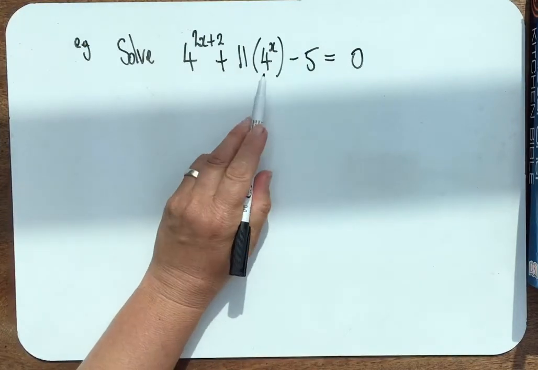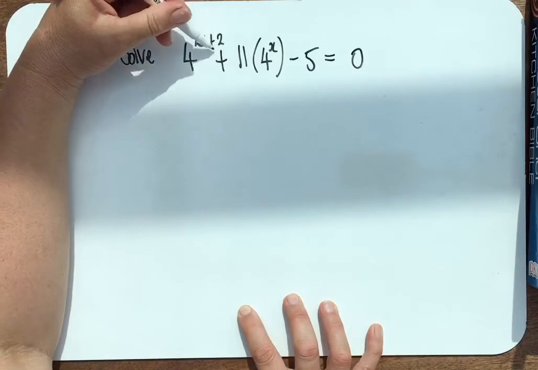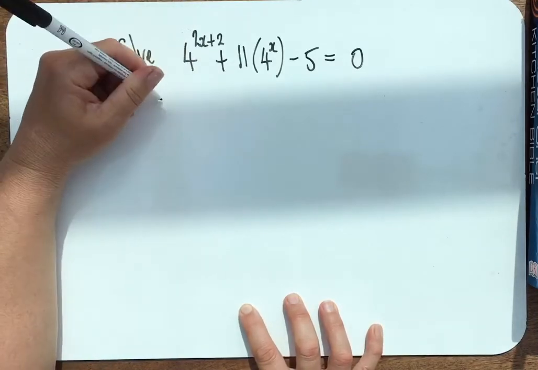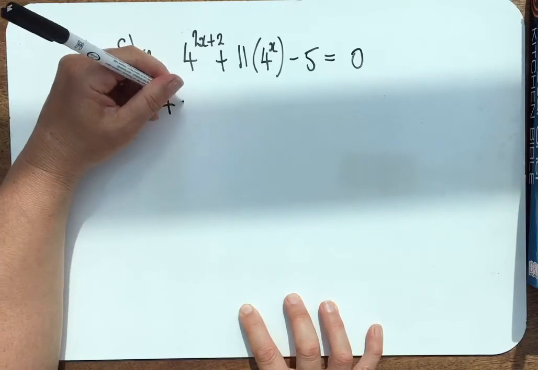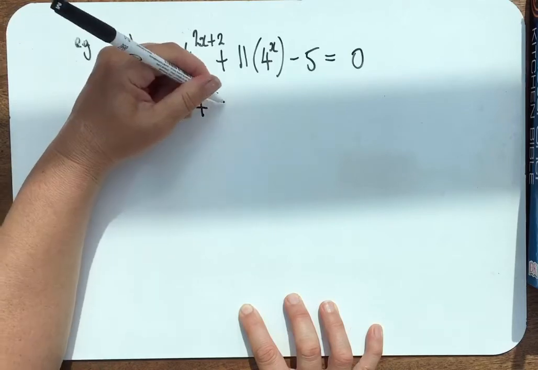This is actually a quadratic in 4 to the power x. I'll show you why. So this plus 2 here on the power, I can write this as 4 squared times 4 to the power 2x.